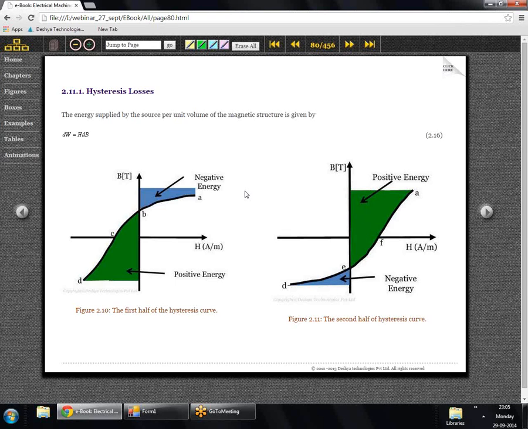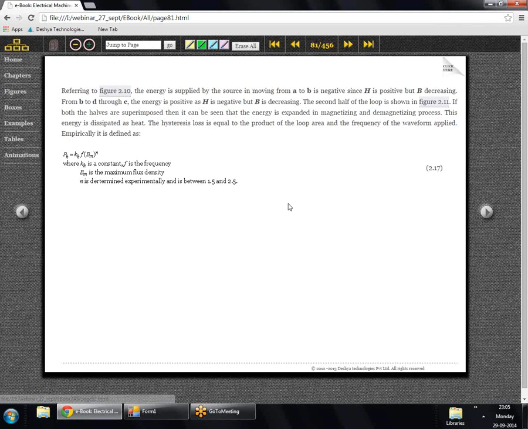Now this absorbed energy is eventually dissipated as heat, and this is known as hysteresis loss. This hysteresis loss can be calculated using the expression shown in equation 2.17. So this is an empirical relation to find the hysteresis loss.